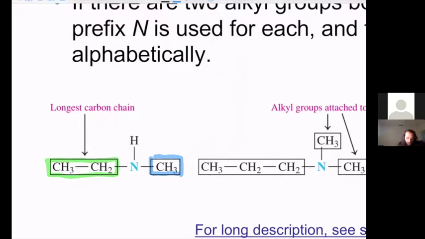So the green portion will be our parent chain. Kind of just trying to erase just the parent chain portion first, the ethanamine portion. Right, so that covers the parent chain with that amine suffix on it.